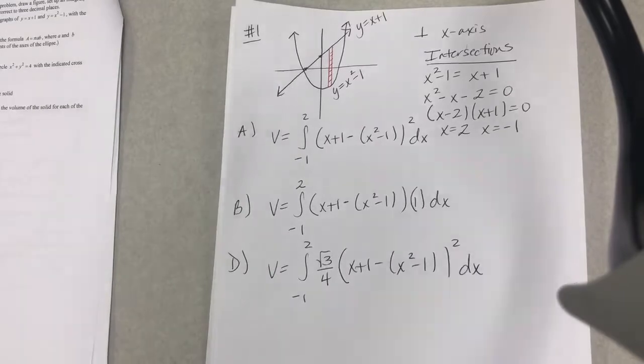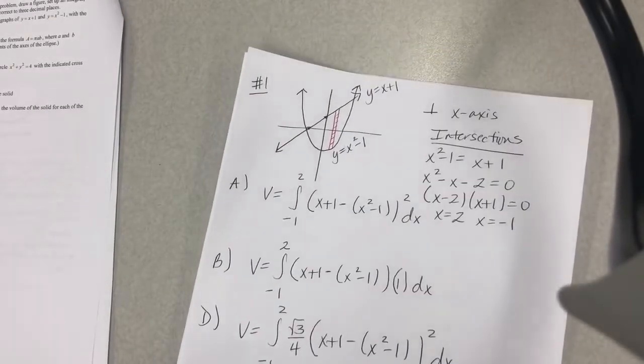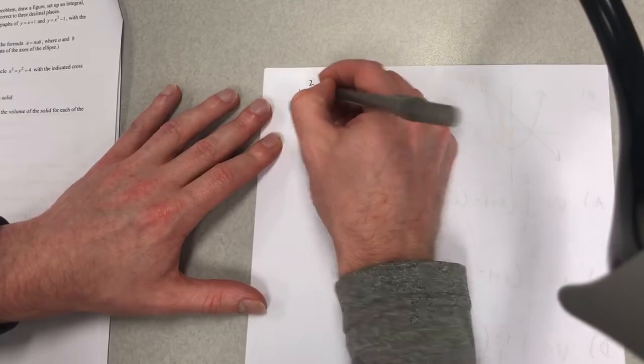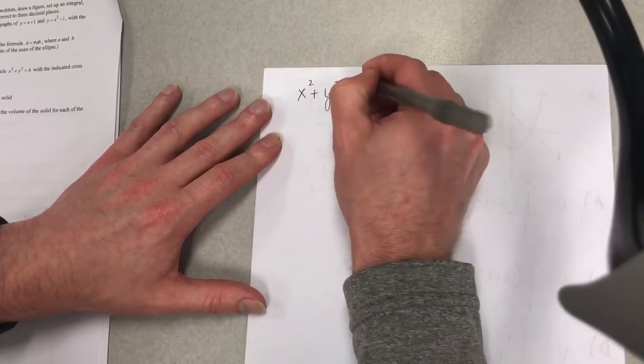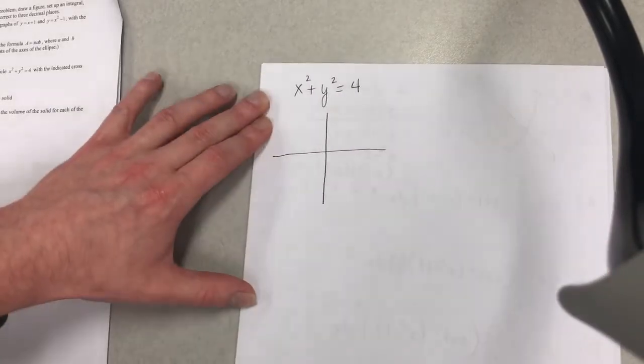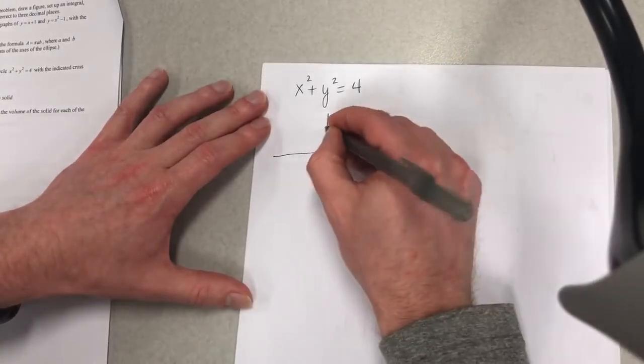Okay. Number 2. Okay, so we have x squared plus y squared is equal to 4. If you don't know what that graph looks like, that's going to be a circle with a radius of 2.